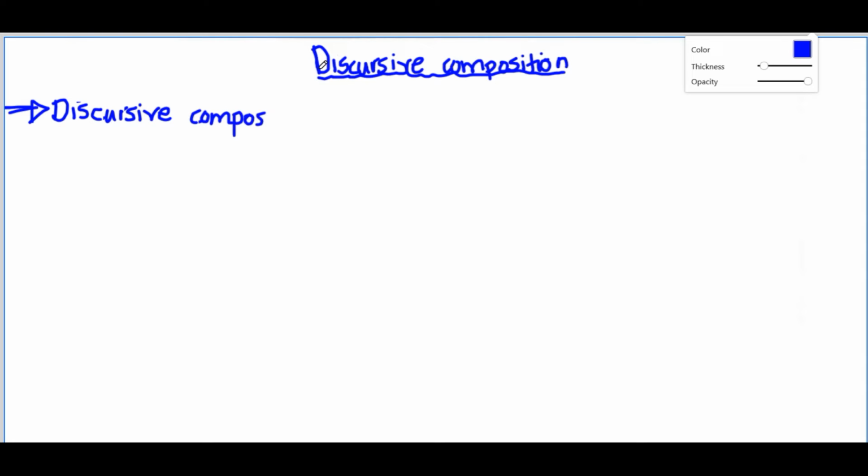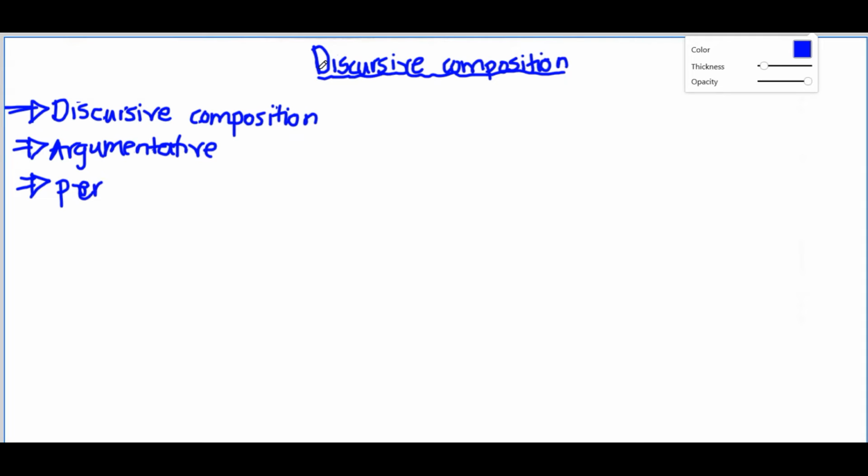If not discursive composition, we can as well call it an argumentative composition. I'm sure we are familiar with the word argumentative. If not argumentative composition, we can also call this one a persuasive composition.